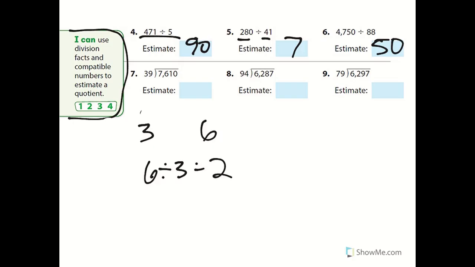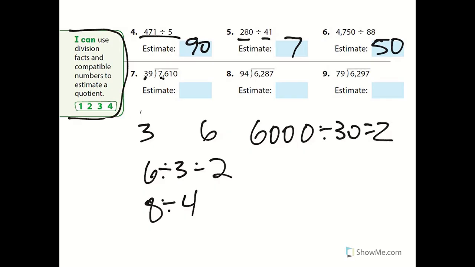I can also think of 8 and 4, right? The 7 would turn to 6, the 3 would stay there. So what it would look like is 6,000 divided by 30. So that'd be 2 with how many zeros?